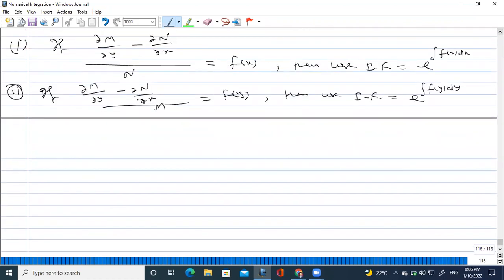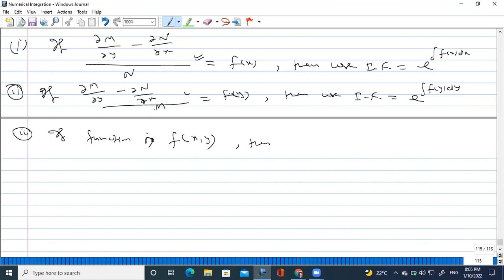And a third thing also can be there. The third thing is that your function is f(x,y), a combination of both x and y, means any function. If you try this, that is also f(x,y).